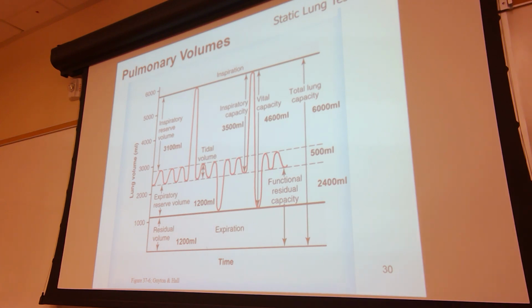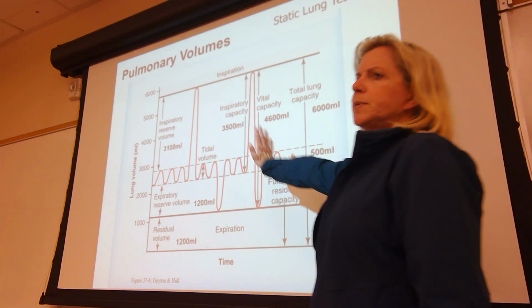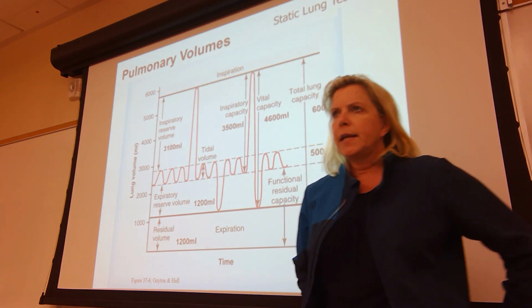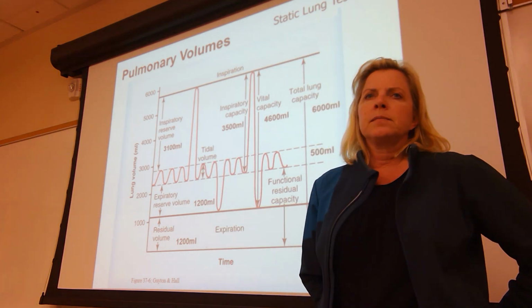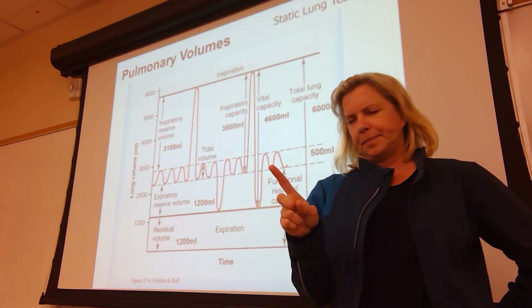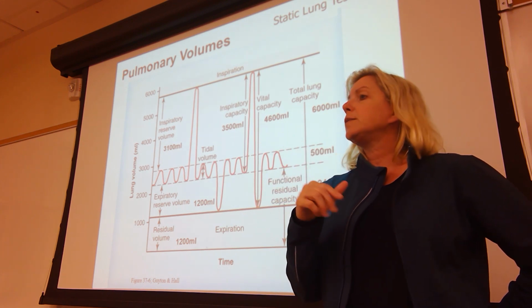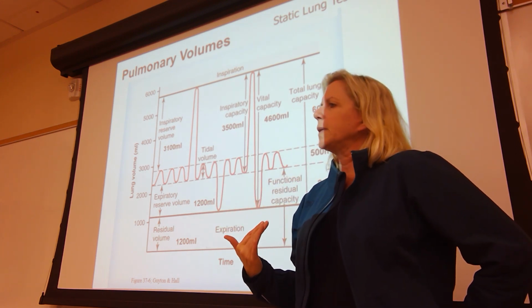All right, so breathe with me. Let's go over these volumes and capacities. Ready? Just breathe in. Okay, see, now look. I said breathe with me. Breathe normally. And all of you went.